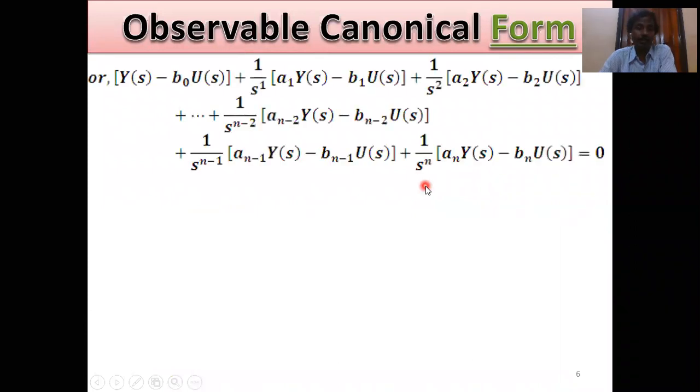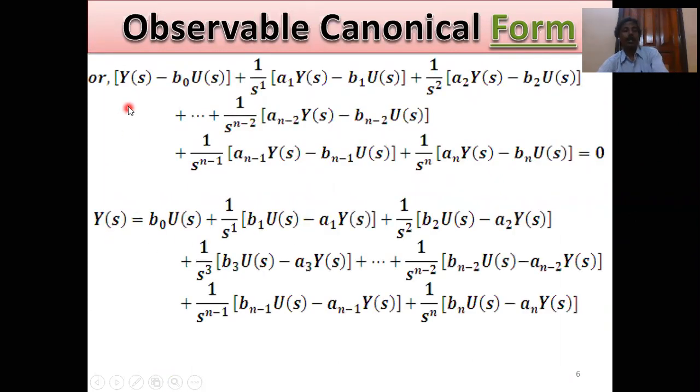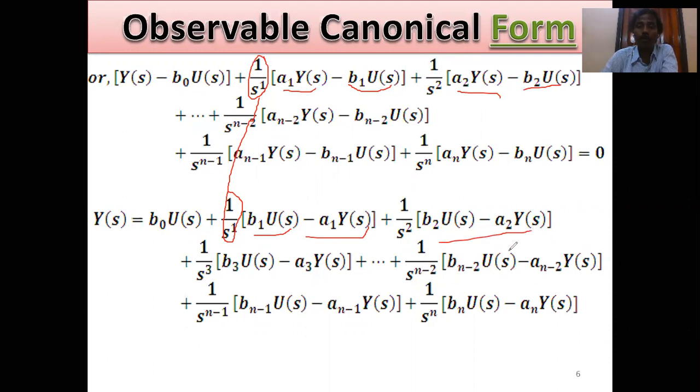Then what is Y(s)? Y(s) equals this. So the left hand side is only Y(s), and the right hand side has the other terms. What is the process? b0 into U(s). This is b0 into U(s). Then this is the Y(s). This is also very important. 1 by s to the power 1, or 1 by s, up to 1 by s to the power n. And this is b1 into U(s) minus a1 into Y(s), because moving from left hand side to right hand side, the sign changes. Similarly, the second term 1 by s square, b2 into U(s) minus a2 into Y(s).